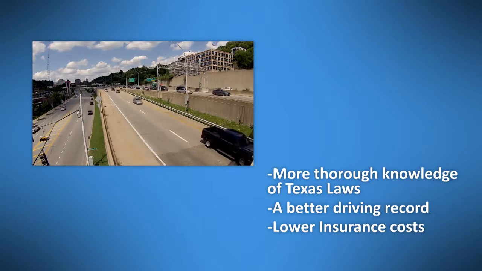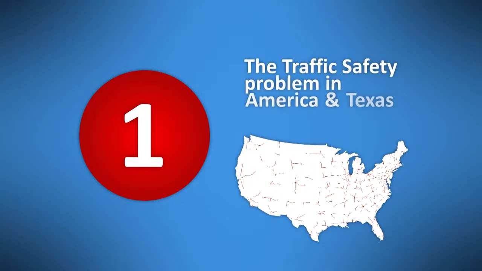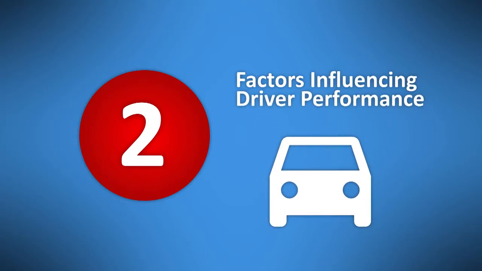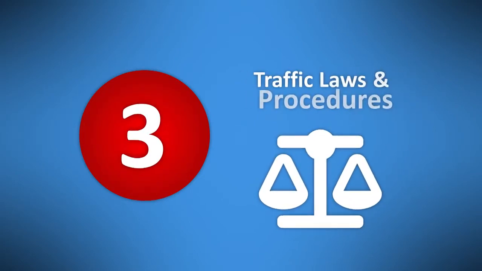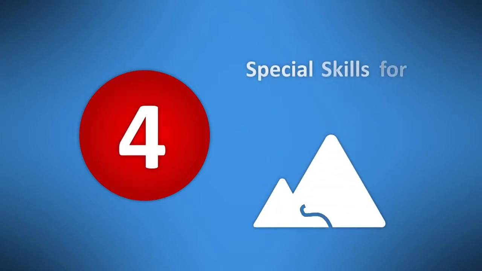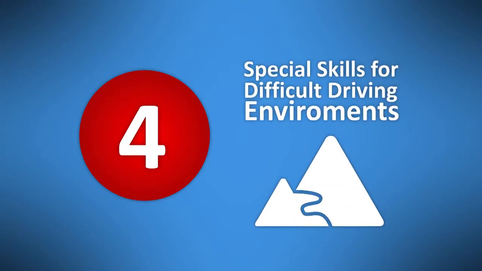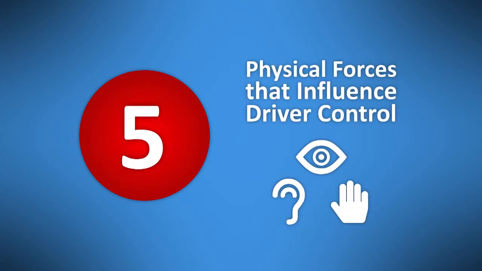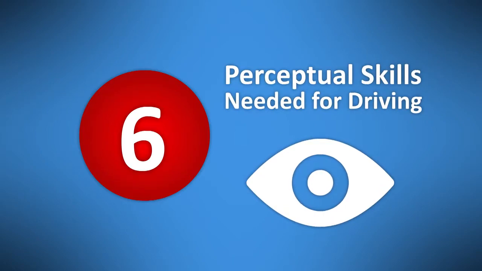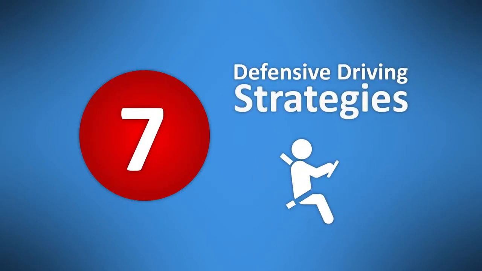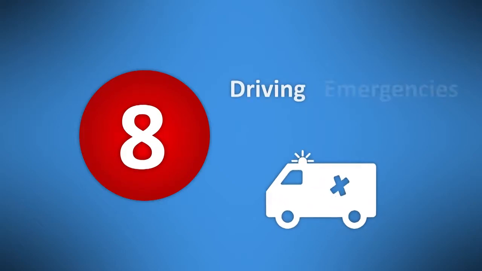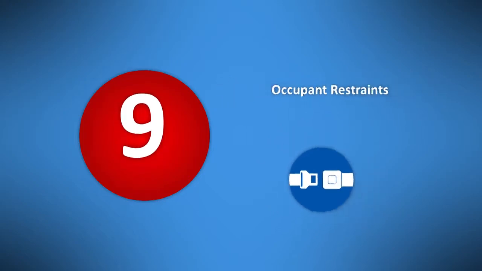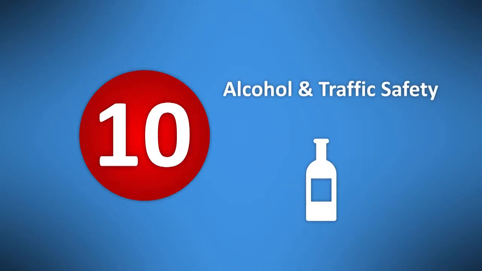We'll study the following areas: the traffic safety problem in America and Texas, factors influencing driver performance, traffic laws and procedures, special skills for difficult driving environments, physical forces that influence driver control, perceptual skills needed for driving, defensive driving strategies, driving emergencies, occupant restraints and protective equipment, and finally, alcohol and traffic safety.